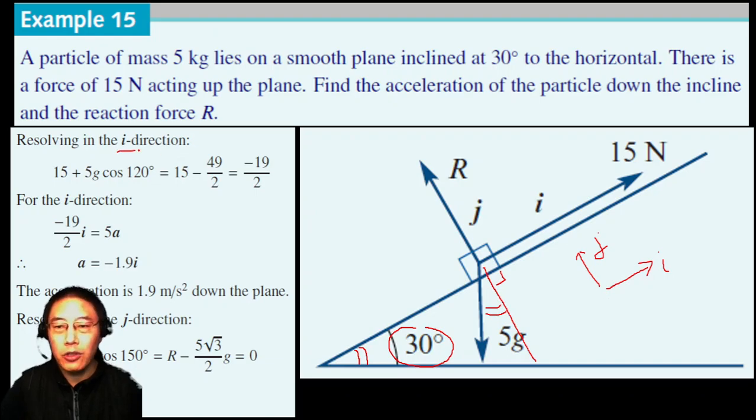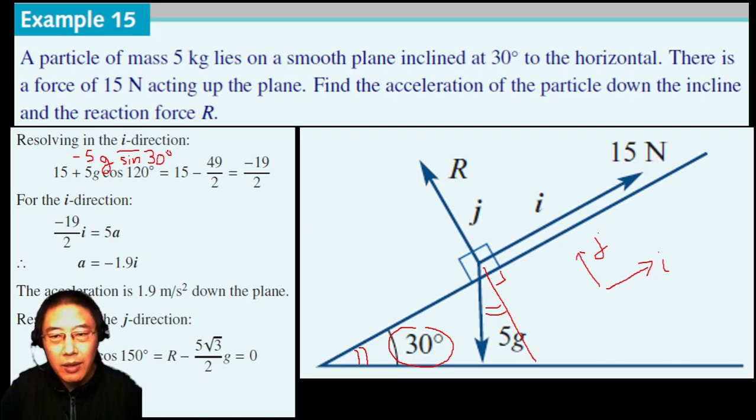Alright, so first we resolve in the i direction. In the positive we have 15. The reaction is 0 because it's perpendicular. And here we have our 5j, which is the opposite side we need to project. Because it's in the opposite direction of i, it's going to be minus 5j, and it's going to be sine, because it's the opposite, sine of 30 degrees.